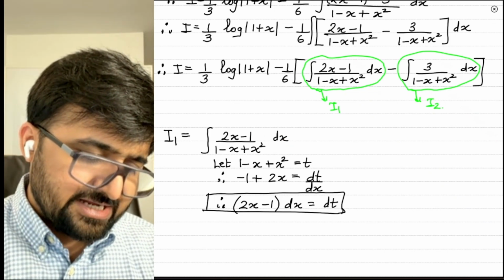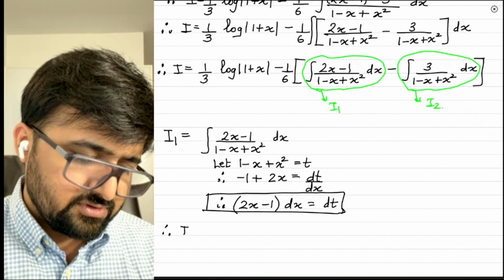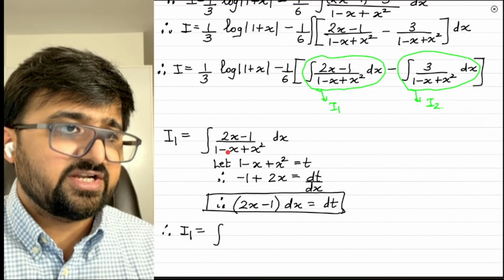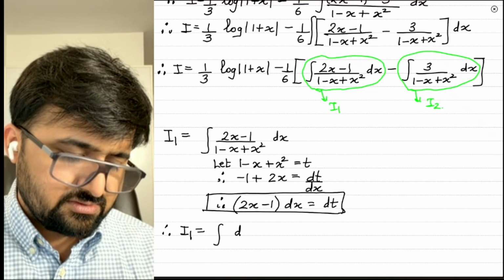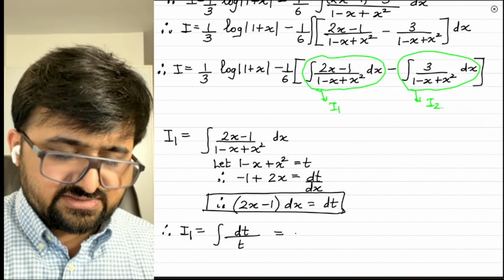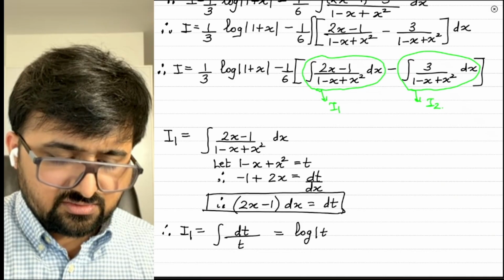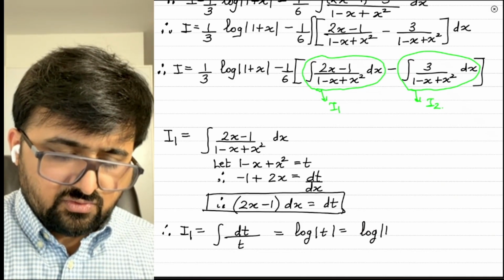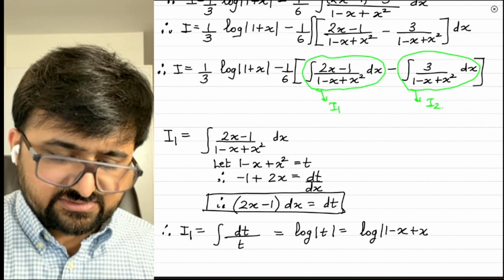So your I1 will become integration of dt upon t, and this will just become log mod t, which is log of 1 minus x plus x square.